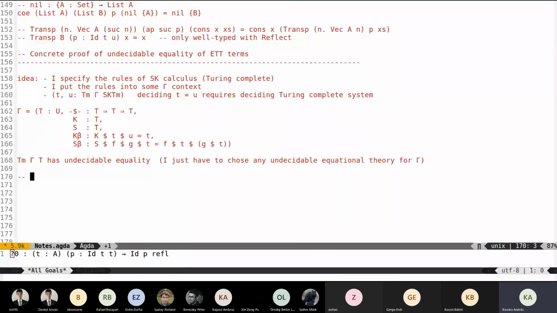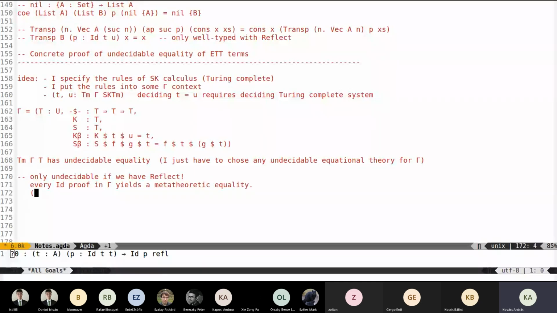And why? Because if we have reflect, then every ID proof in gamma yields a meta-theoretic equality.